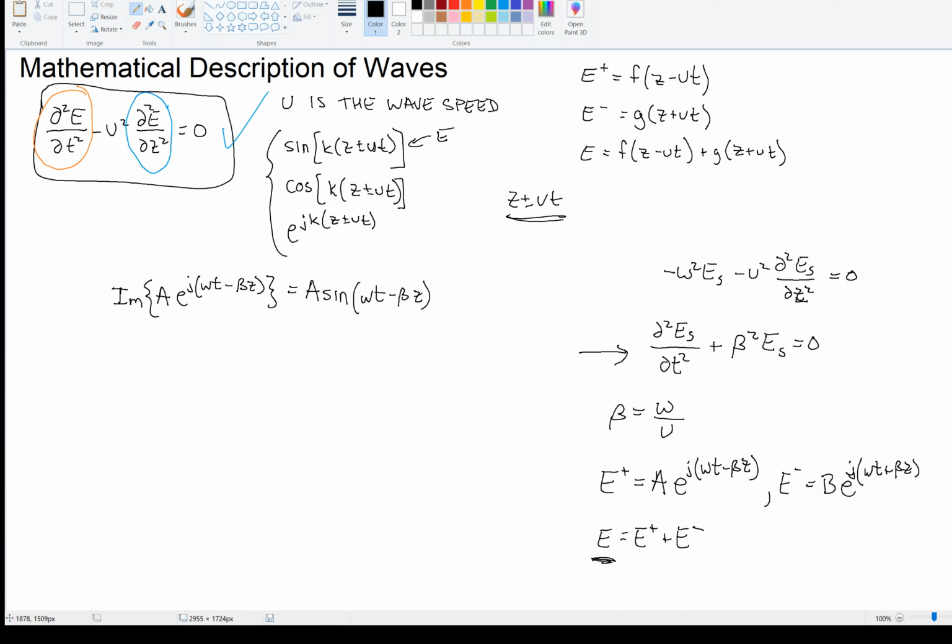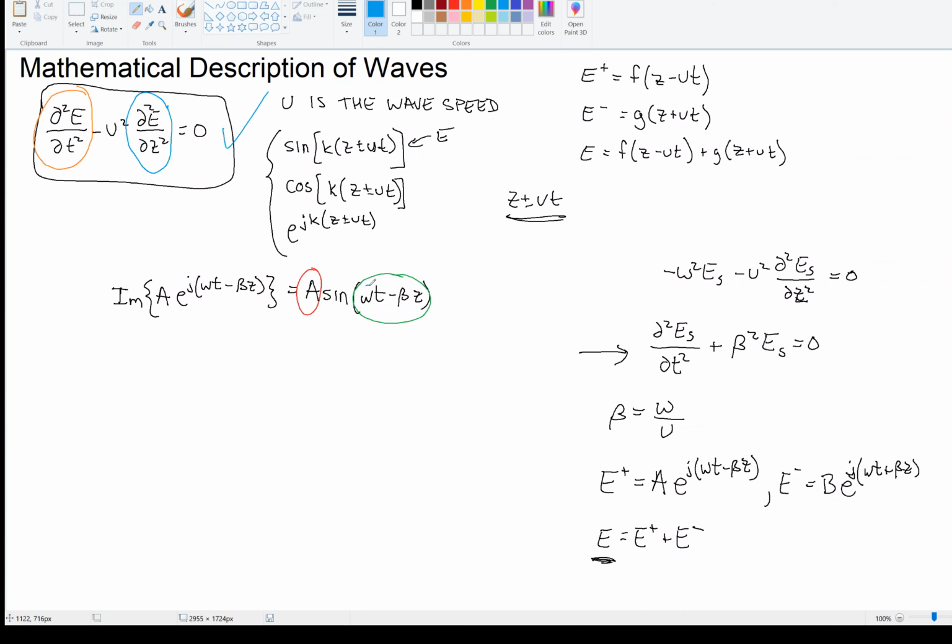Okay, omega t, so this was the amplitude, omega t minus beta z is what we call the phase. That's the thing that you plug into the sine wave, or the cosine or the complex exponential, and that's the phase, and it has units of radians.